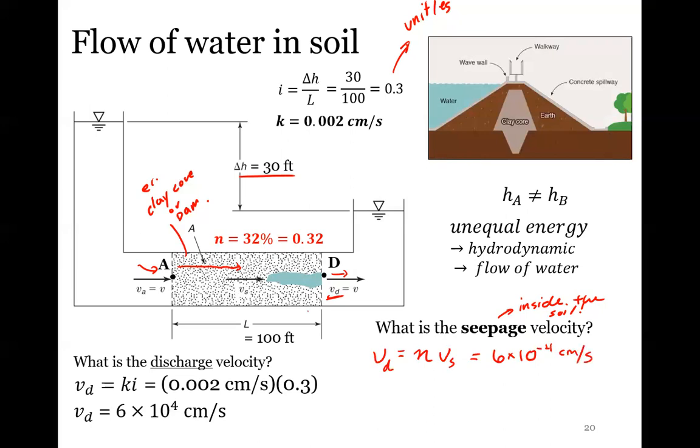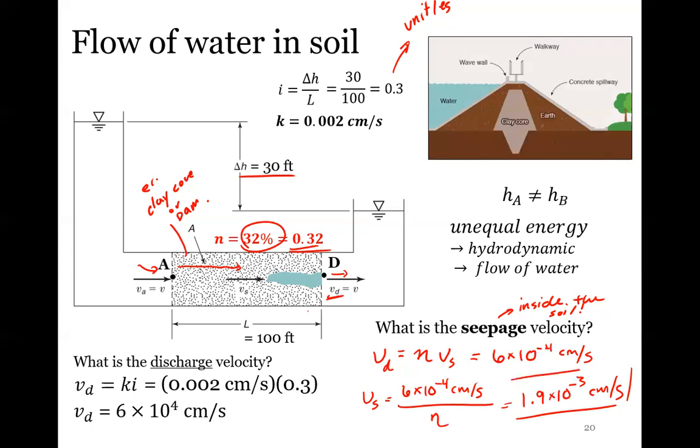So if we just divide this, our seepage velocity is equal to 6 times 10 to the negative 4 centimeters per second divided by our porosity. Porosity we always put in percent form when we're calculating. And it should be equal to 1.9 times 10 to the negative 3 centimeters per second.